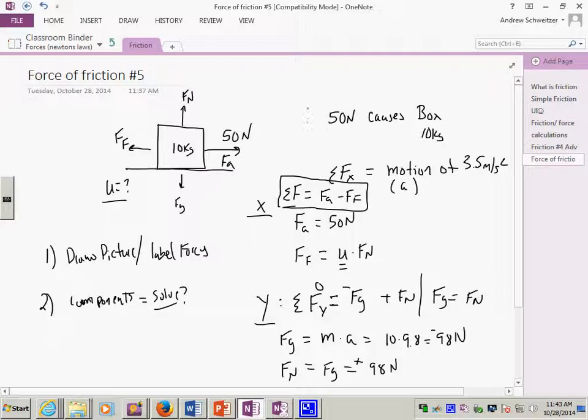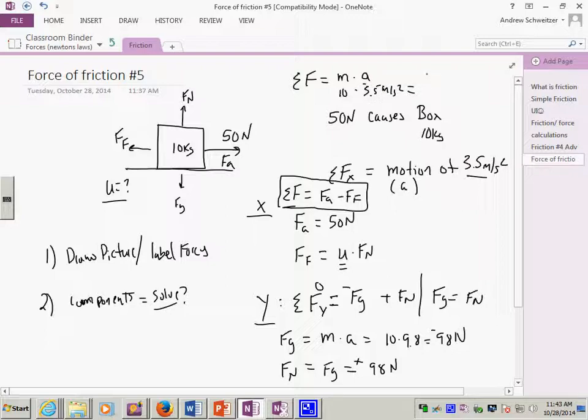And let's pause that and let's find, in this case, the net force. The whole box has a net force equaling the mass of 10 kilograms times the acceleration, which is 3.5 meters per second squared.